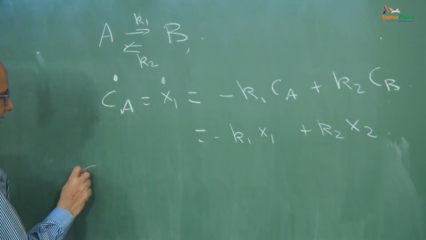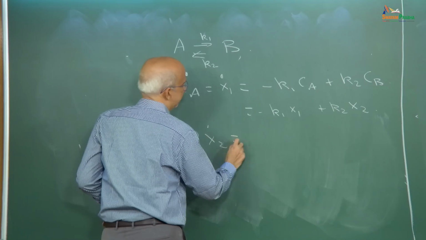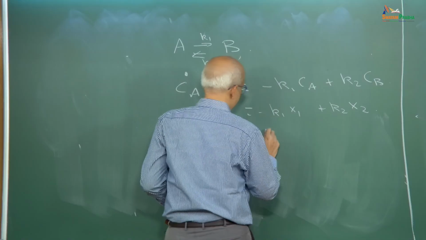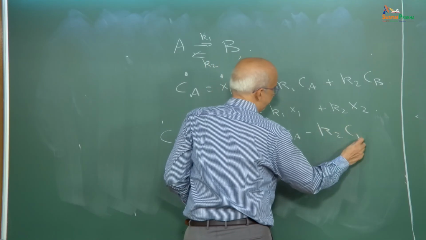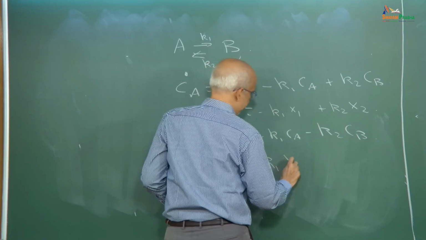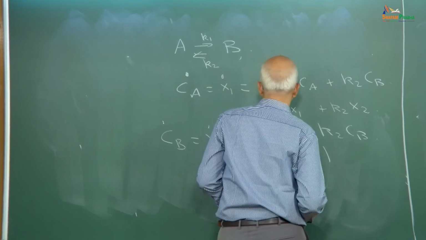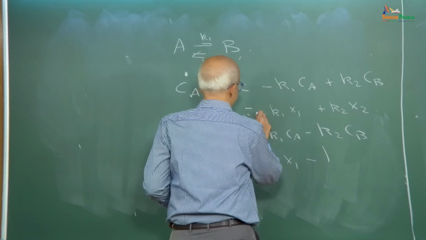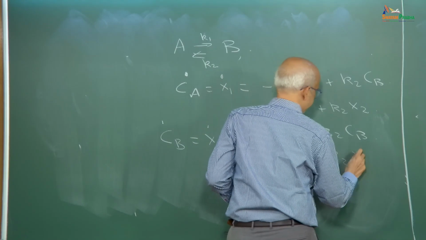And similarly CB dot, which is x2 dot, is plus K1 CA minus K2 CB, which is K1 x1 minus K2 x2.